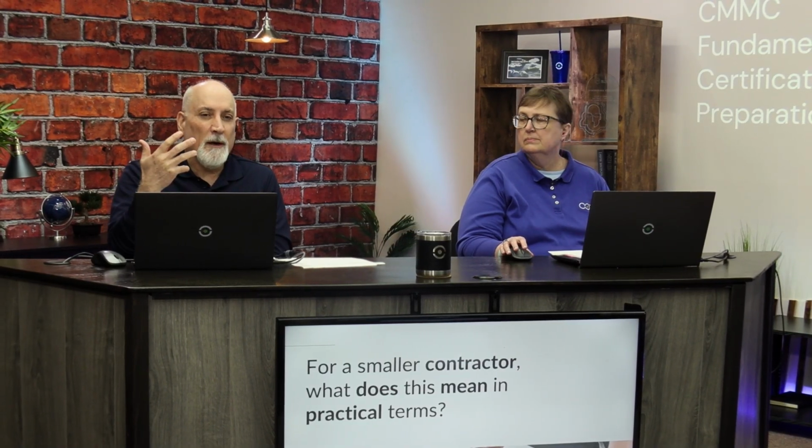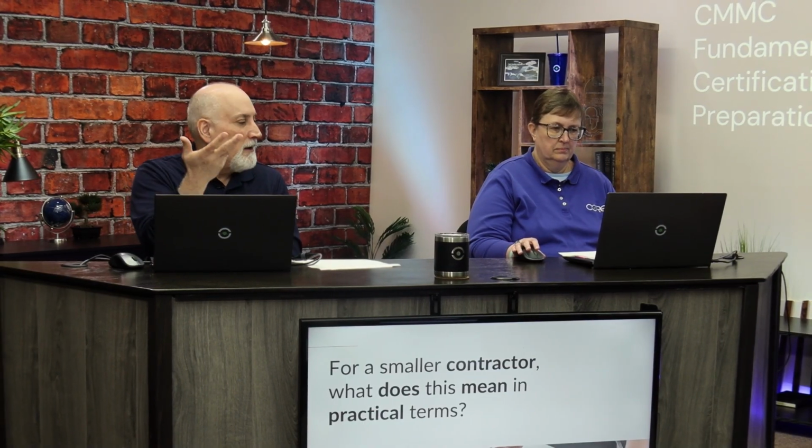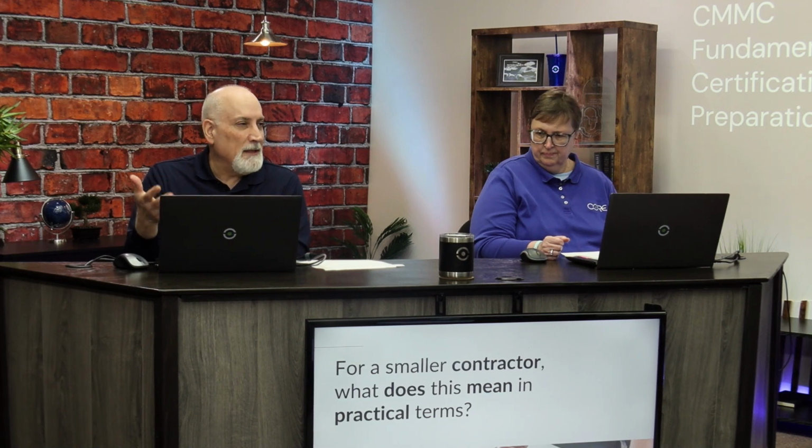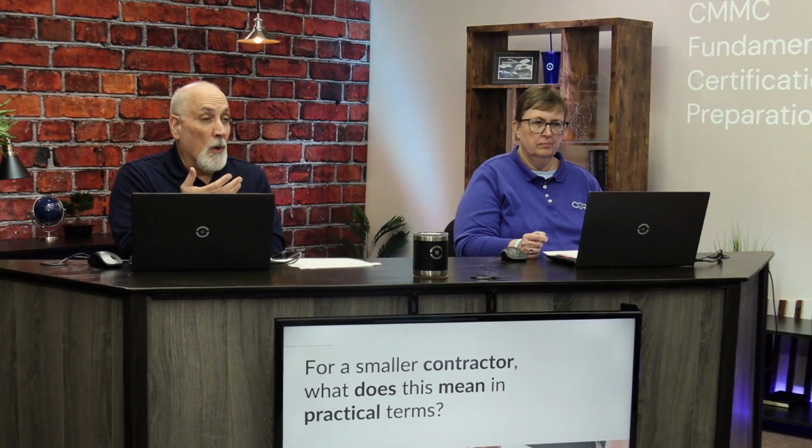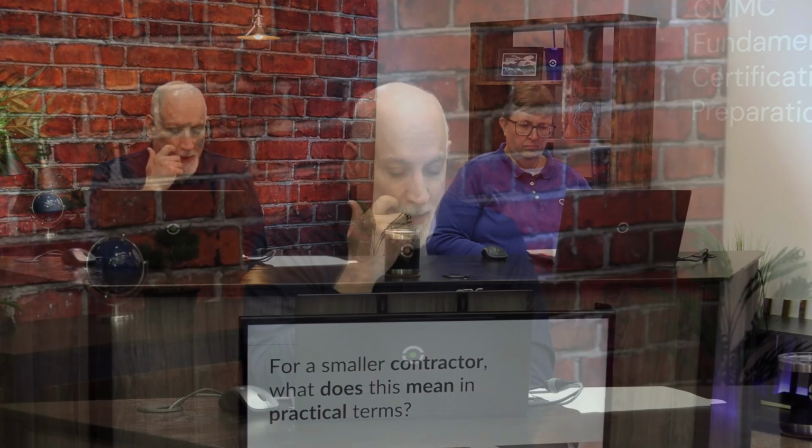So let's imagine a simple example where a manufacturer gets a blueprint on a part that needs to be made. So that blueprint would be CUI. It might arrive through an email, or it could arrive through a customer portal that you log into to download documentation related to the contract.